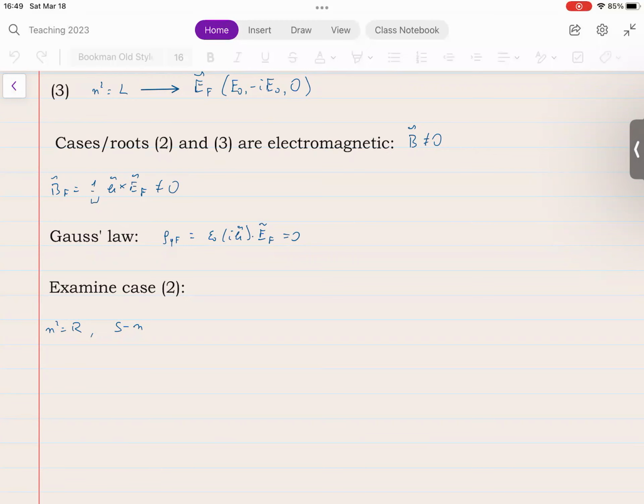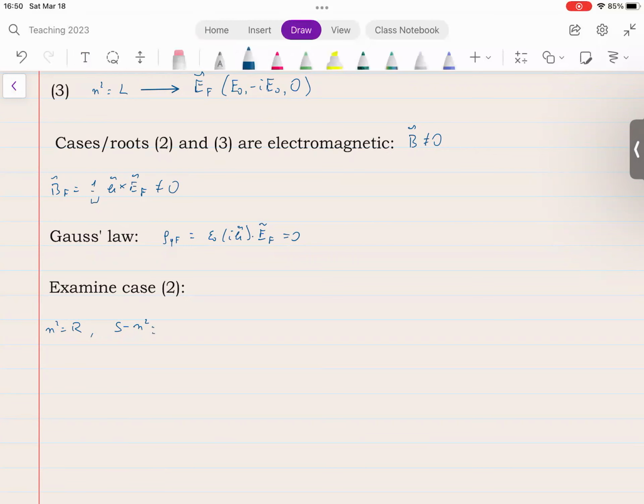Okay, S minus n squared is equal to minus R minus L over 2. That's equal to minus D for the case 2, when the other case is easier. Maybe I can write them both.